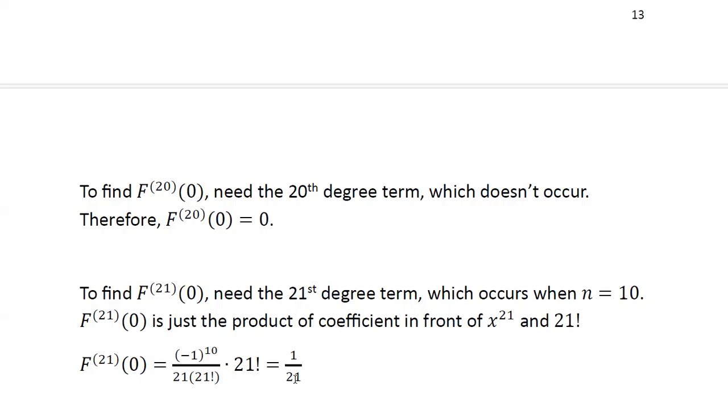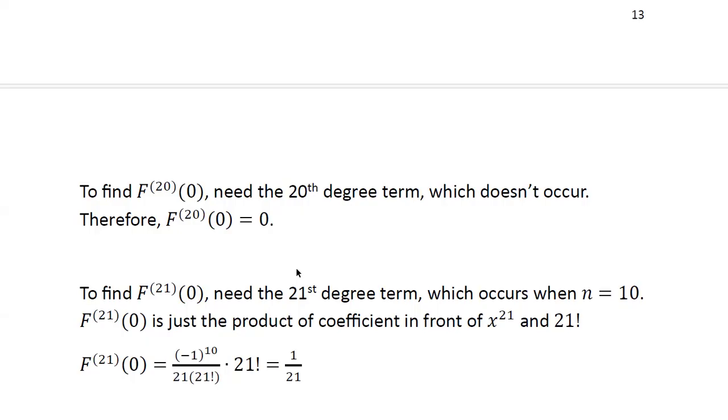Okay, so all that explanation to hopefully convince you that these are actually quite simple, if we have this simple understanding that we only care about that degree term. If we take the 20th derivative, we only care about the 20th degree term. 21st derivative, we only care about the 21st degree term. Okay, everything that's lower in degree will be 0 because of differentiation.